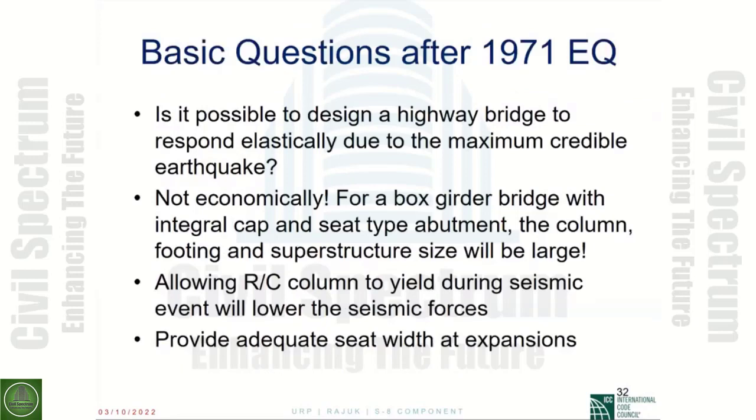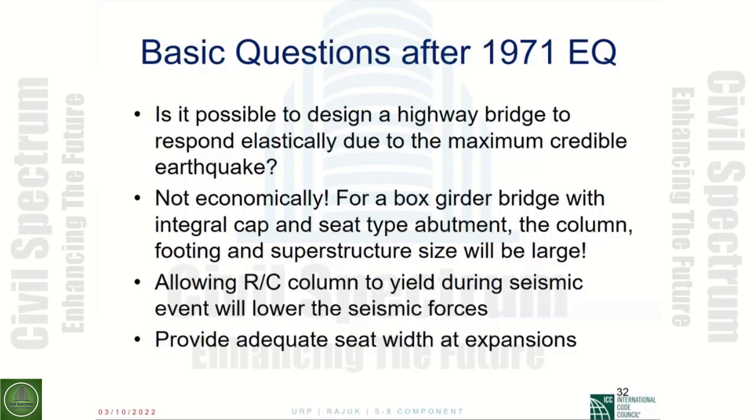One of the basic questions that we had once we had the 71 earthquake is, can we design a bridge to respond elastically for the biggest earthquake? The answer is yes, but it's really not economical. Because if you are dealing with a box girder with integral cap and a seat-type abutment, if you want to design it inside the elastic range, you will get into a loop where the column becomes bigger each time you iterate on the design.